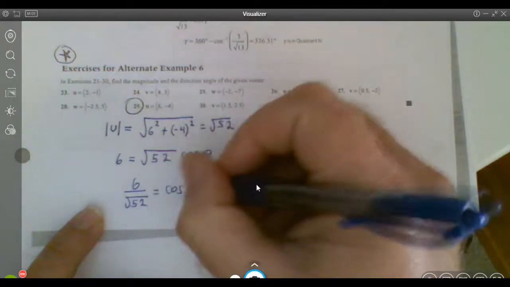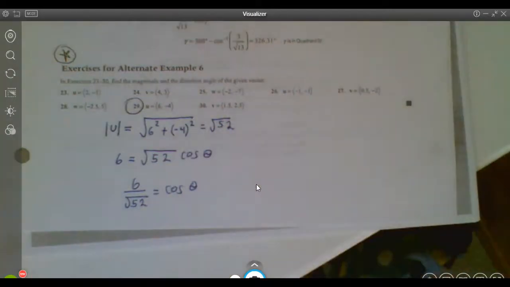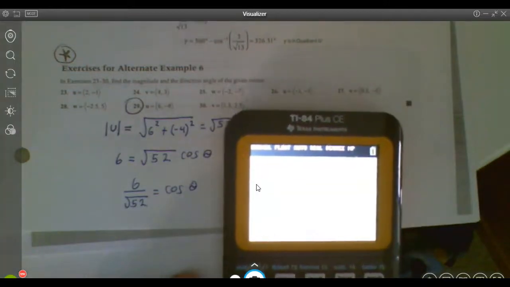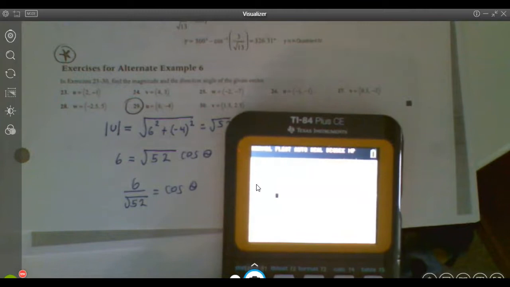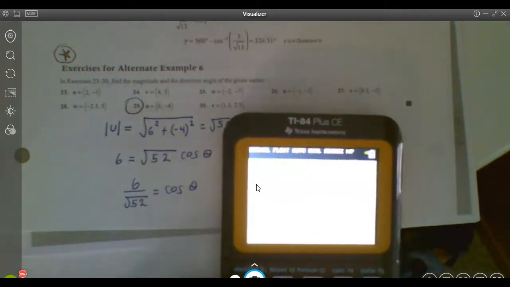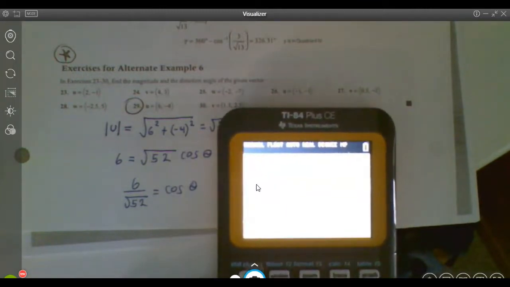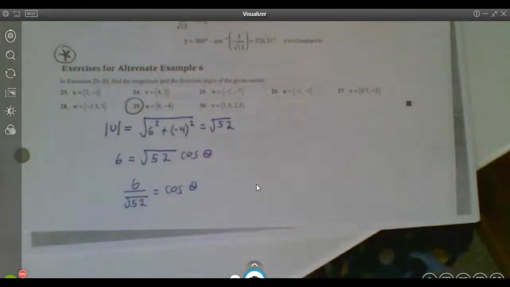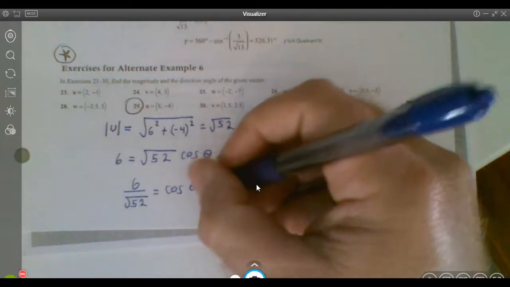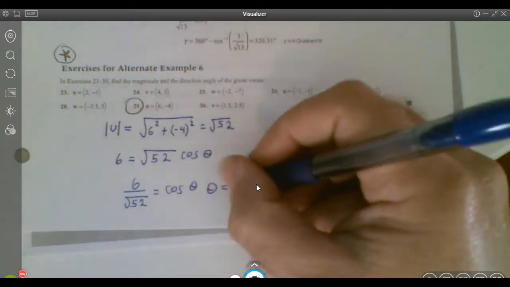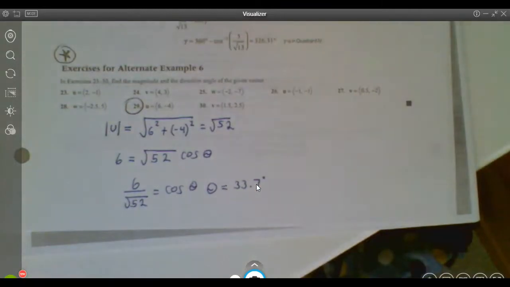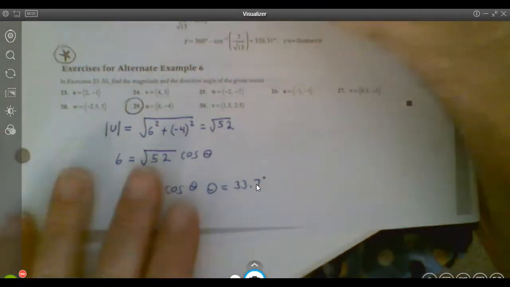So I'm just going to simply do the inverse of my fraction in order to get the angle. So about 33.7 degrees would be our angle. Not so bad, I don't think.